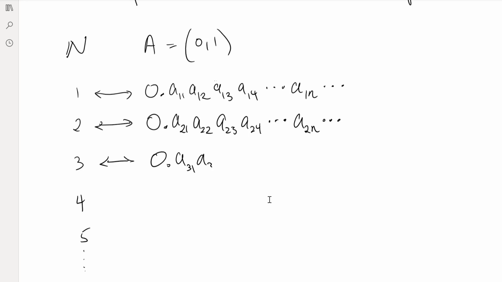This would be the third row, second digit, third row, third digit, third row, fourth digit, carries on, third row, nth digit, and carries on infinitely. Maybe repeating digits, maybe no pattern at all, maybe all 0s after a point.